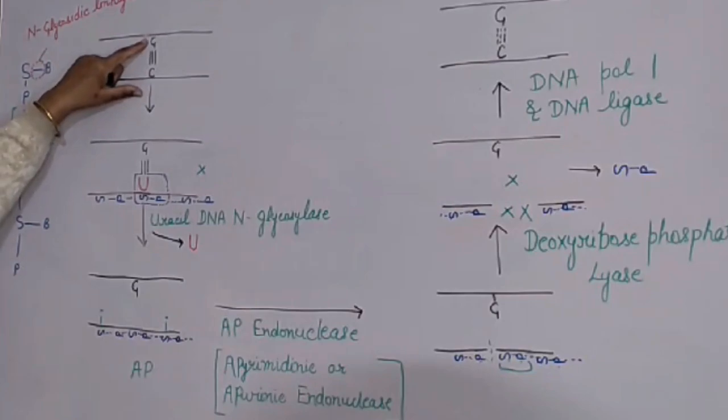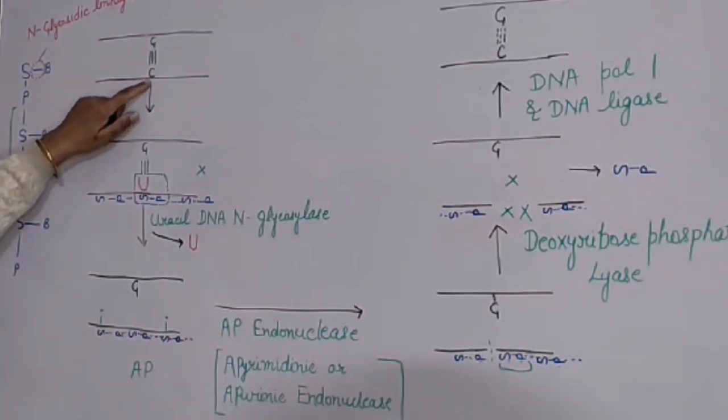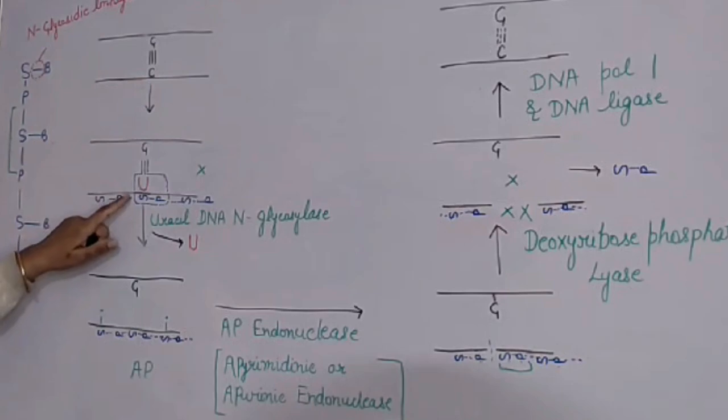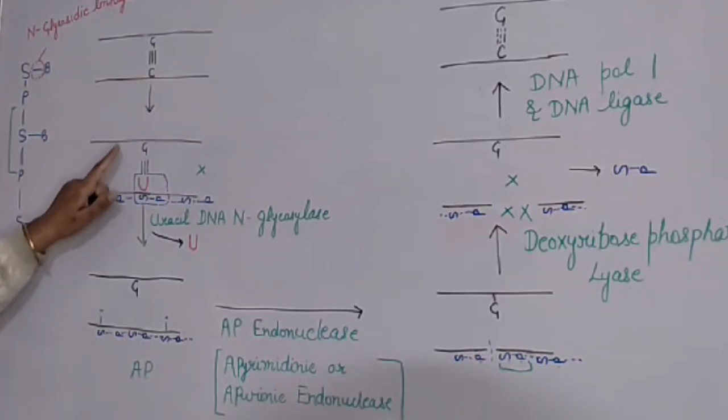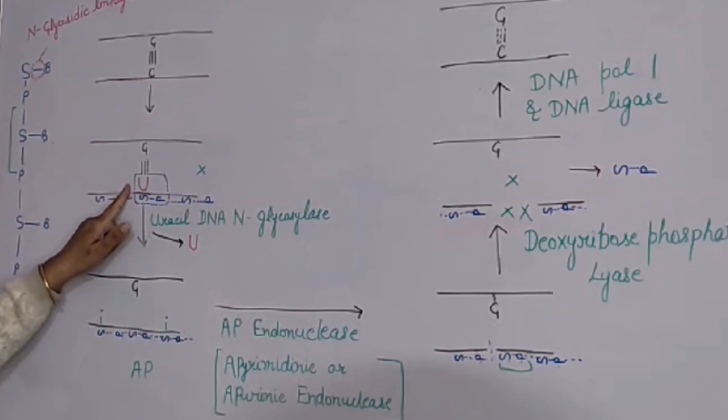This is our guanine base that has attached rightly with the cytosine. Now in our cells, this cytosine has somehow changed to uracil.